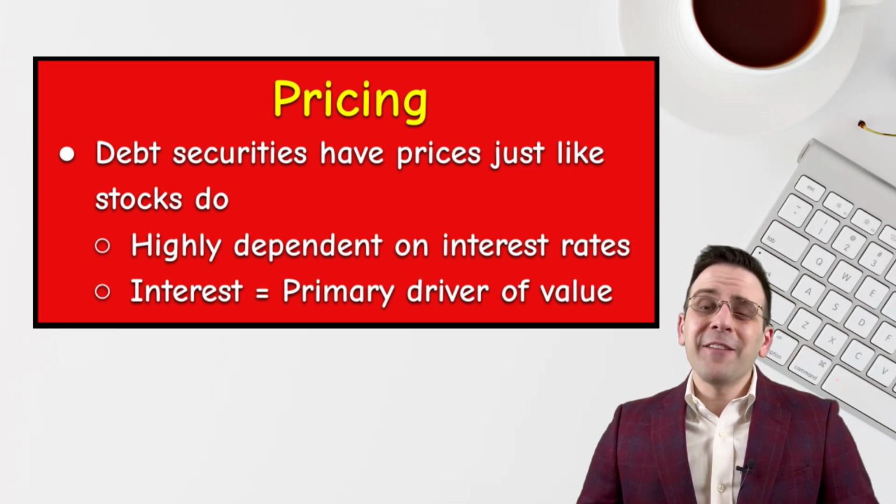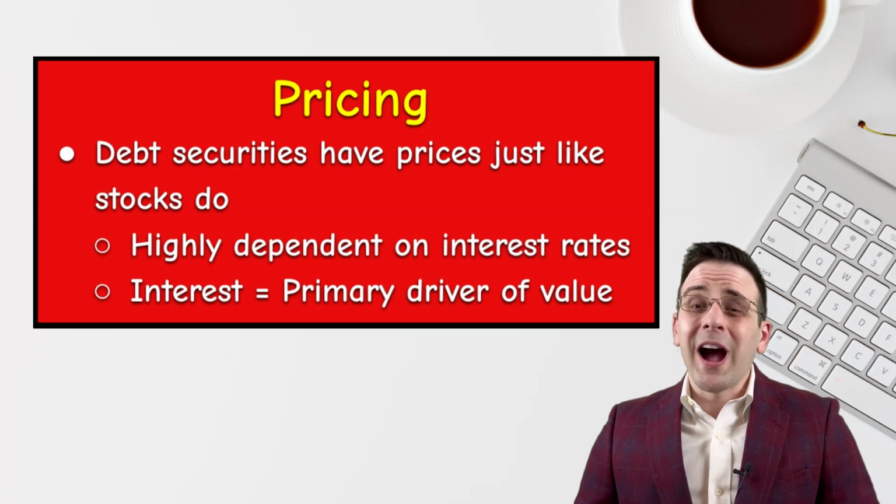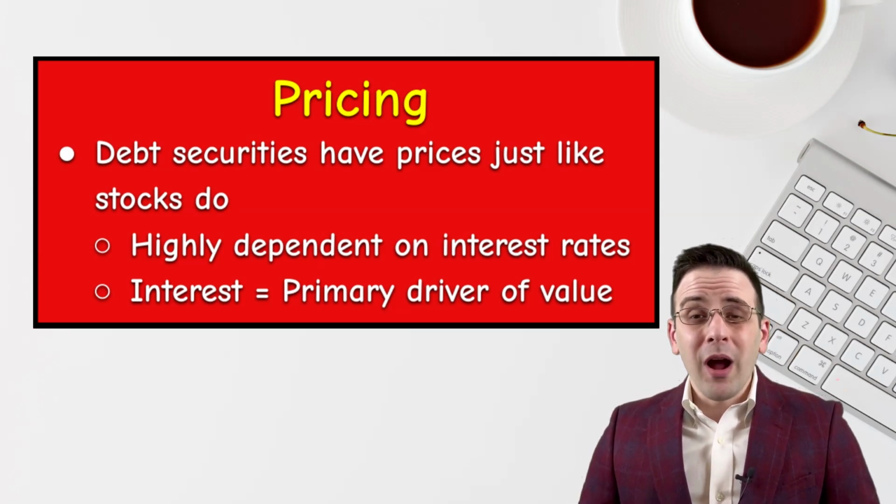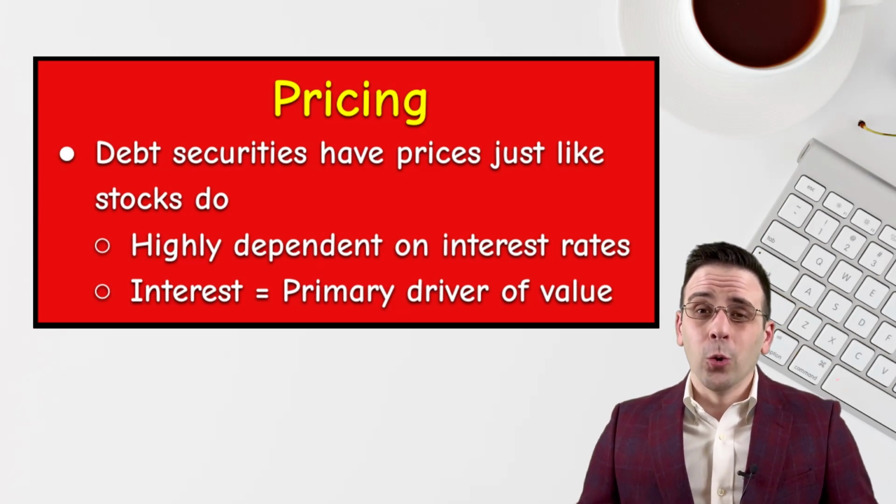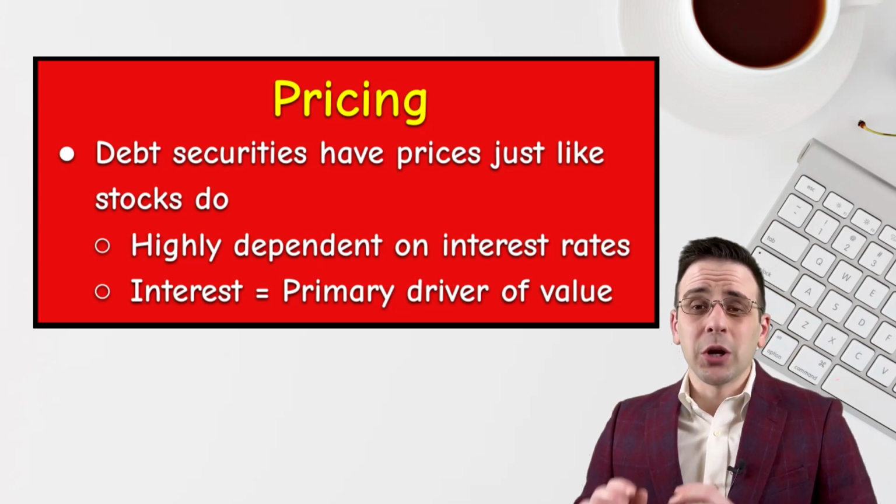Debt securities have prices just like stocks do, but their prices are highly dependent on interest rates, since a primary reason why investors hold debt securities is to earn interest. When a debt security is first issued, the interest rate offered will normally reflect interest rate levels at that time, as well as an assessment of default risk of that borrower at that time.